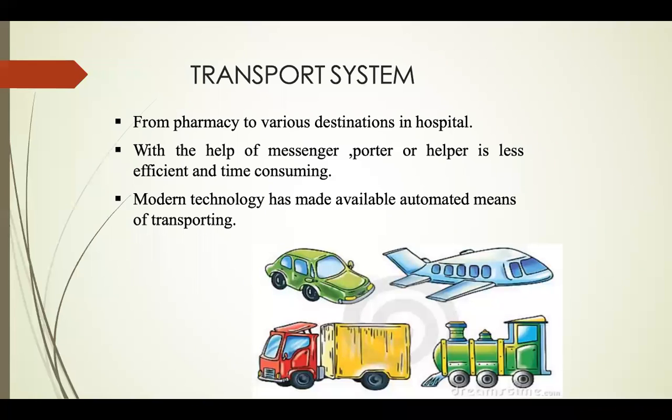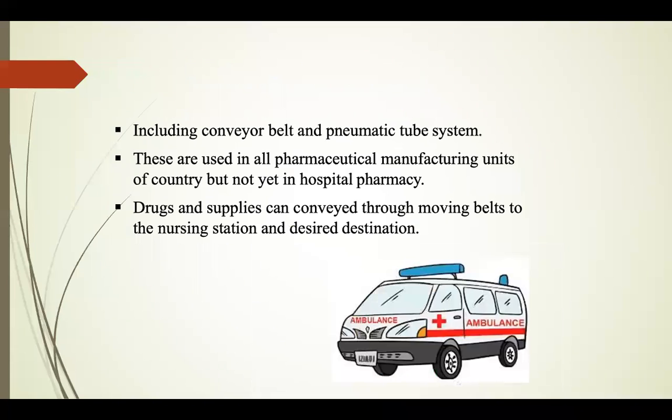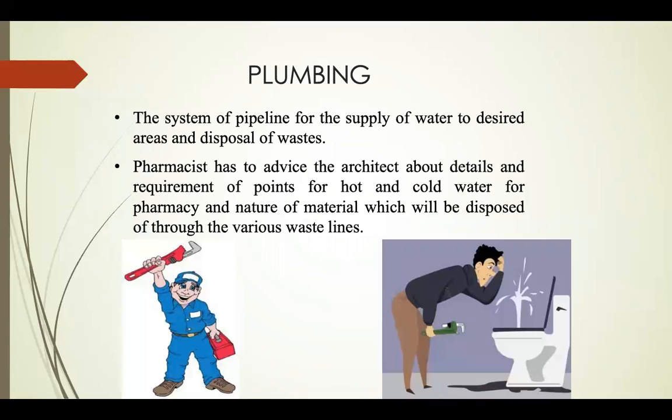Modern technology has made available automated means of transporting, including conveyor belts and pneumatic tube systems. These are used in pharmaceutical manufacturing units of the country, but not yet in hospital pharmacy. Drugs and supplies can be conveyed through moving belts to the nursing station and desired destinations.